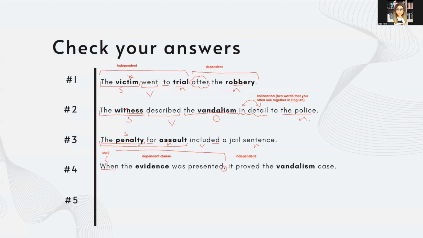Now for spelling, evidence can be split up, evi-dence, like that. And vandalism would be split up the same way as up here to remember the letter order of those difficult words. Another thing for grammar that we want to be sure of is was is in simple past form. So our main verb proved has to be in simple past form as well because we want our tense to stay consistent throughout both clauses in our sentence.